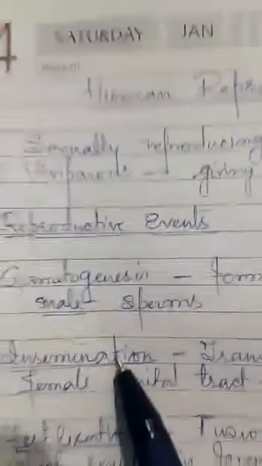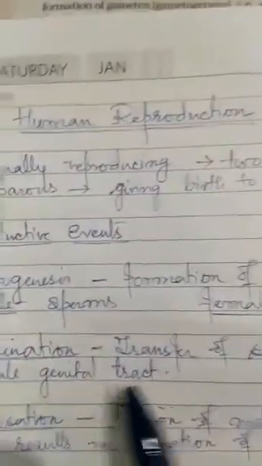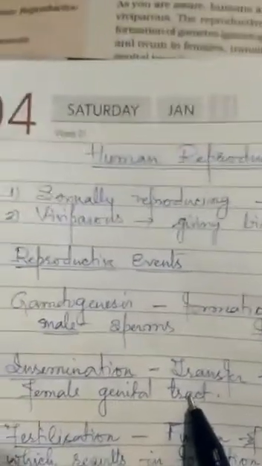Then comes the second term, that is insemination. After gametogenesis, it is insemination. What is insemination? Nothing else but the transfer of the sperms into the female genital tract or the female reproductive system.